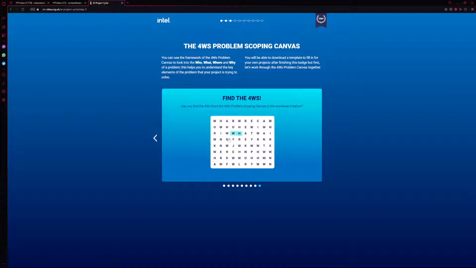We're looking for the word problem. Let's have a look for that. I don't get what we're supposed to be looking for. This is a really annoying one. Why is it so vague? Doesn't make sense.